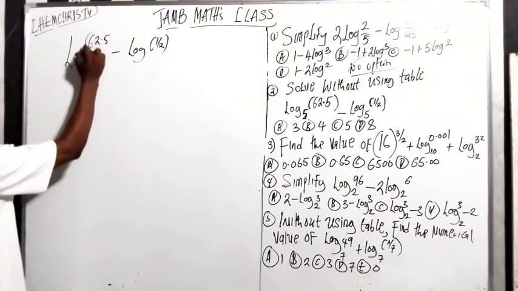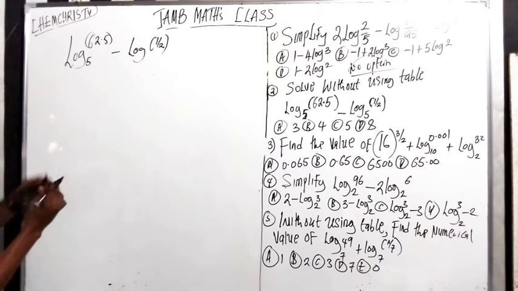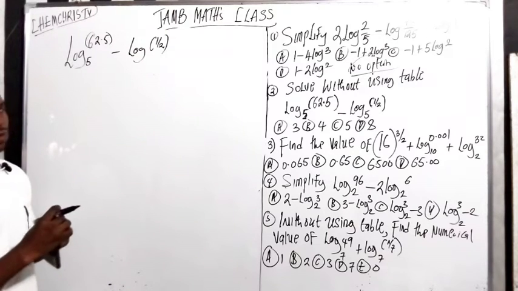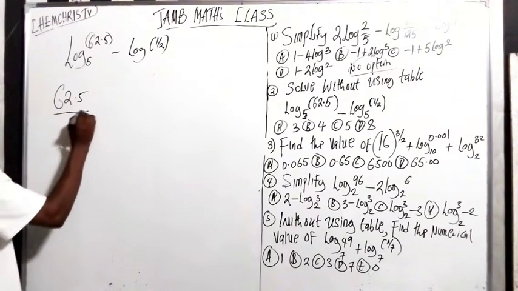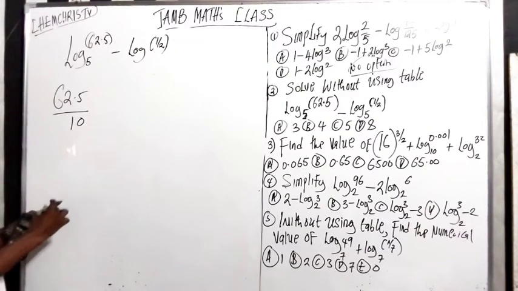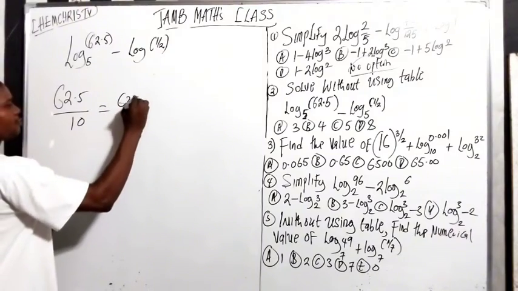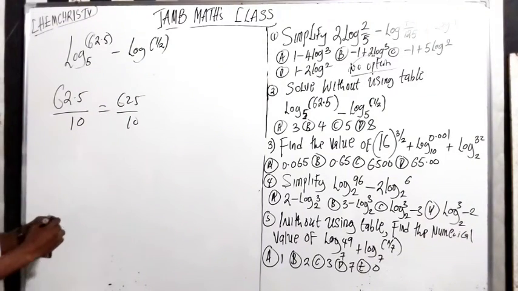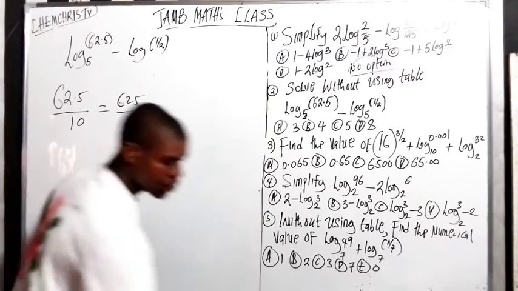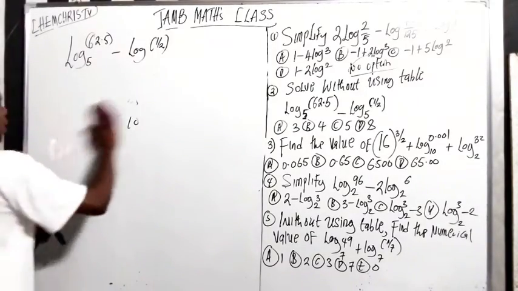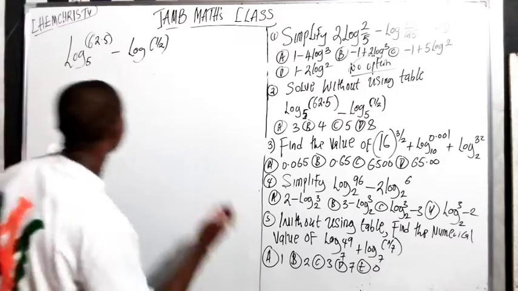Now I'm going to convert this decimal to a fraction. 62.5 is going to be 625 over 10. So I've converted decimal to fraction, right?